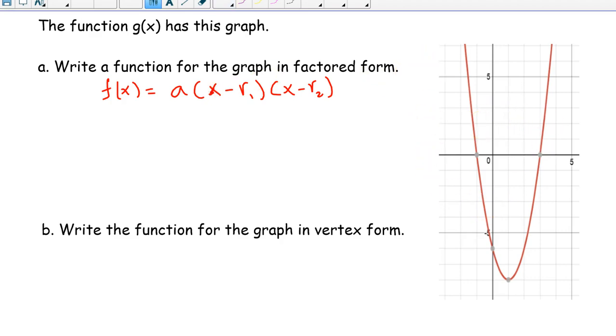Okay, so we have to look for these x-intercepts. That's here, right? And the other one is there. So x is equal to -1 and x is equal to +3, right?